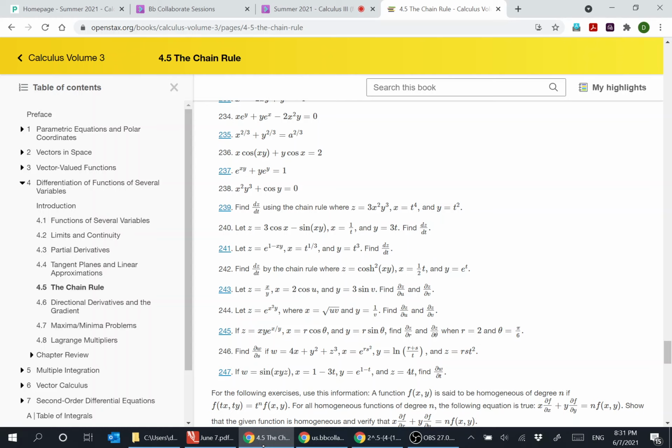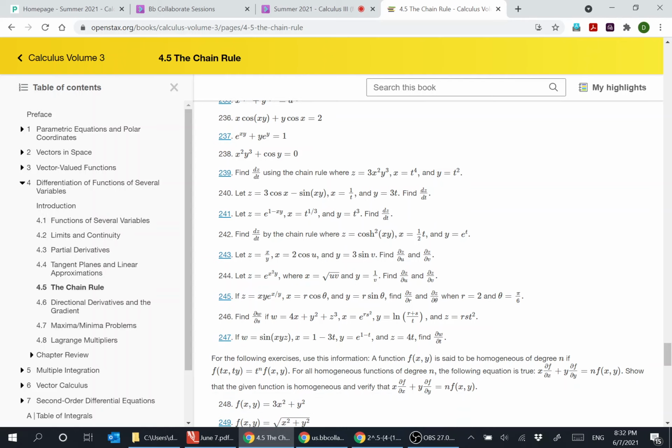So z equals x y e^(x/y). x is r cosine theta, y is r sine theta. So find dz/dr and dz/dθ, where r is 2 and theta is pi over 6. So r is 2 and theta is pi over 6, so 245.